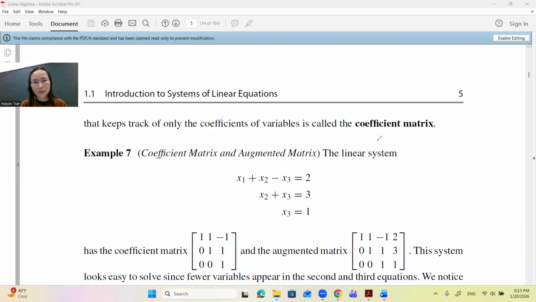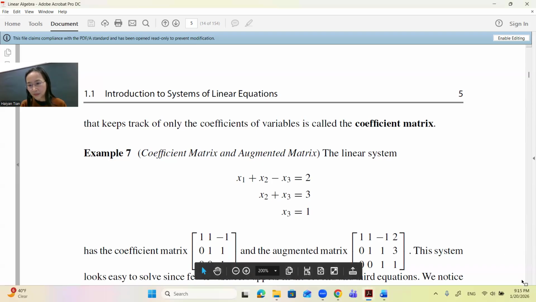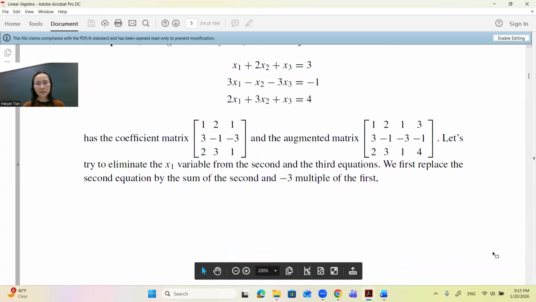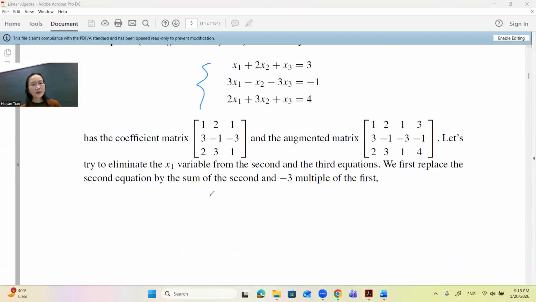We are going to look at a system. From this system, our goal is to eliminate variables.